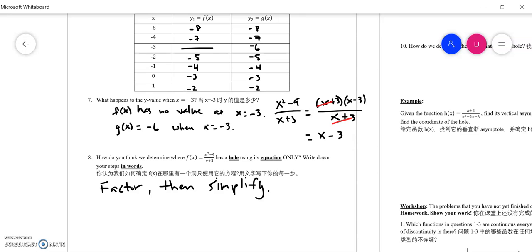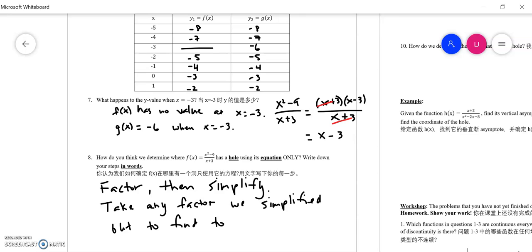So what else do we have to do after we simplify? We take any factor that we simplified out, and we'll use that to find the hole.